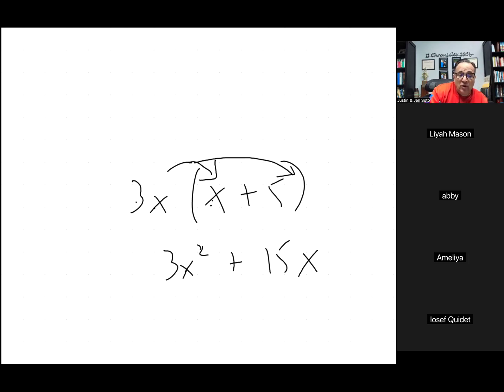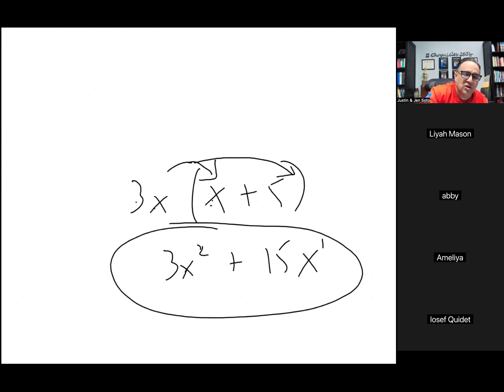And when you do, you simply add the coefficients together. But since this is squared and this is to the 1, an understood 1 power there, you don't have to express it, but it's understood. They're not the same. This is the simplest form. And so the answer to this will be letter C.